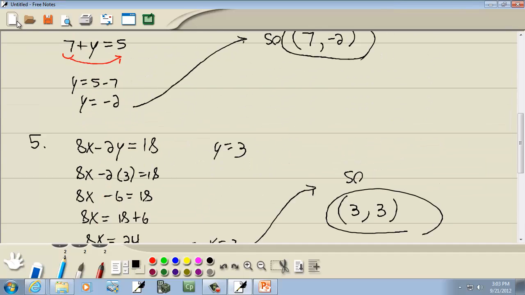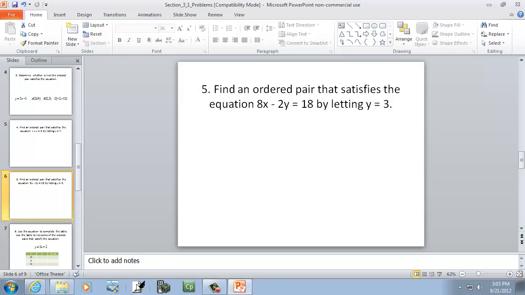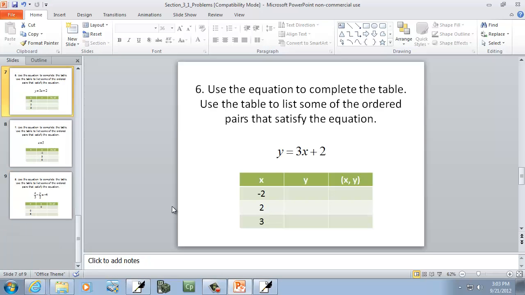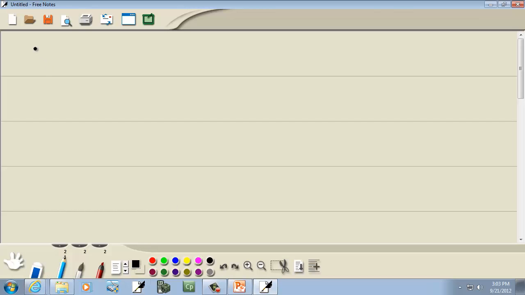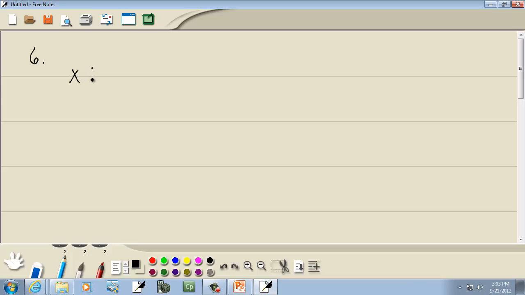And I'm going to start a new page. I'm not sure if I have room there. Okay, let's look at this one. We've got x, and then we've got our y, and then our actual point.